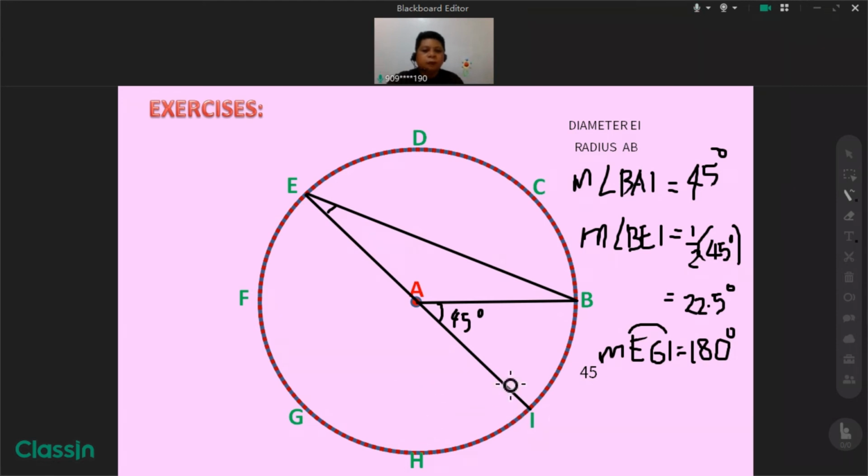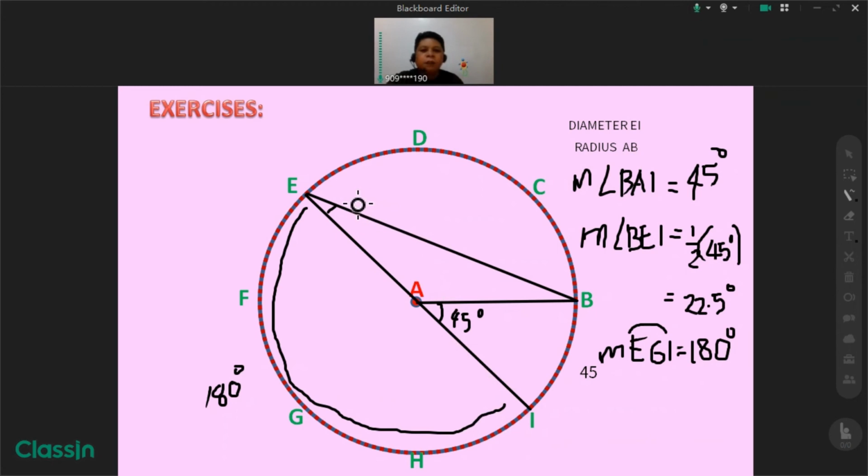So now, BI is 45 and this arc EGI is 180 degrees.